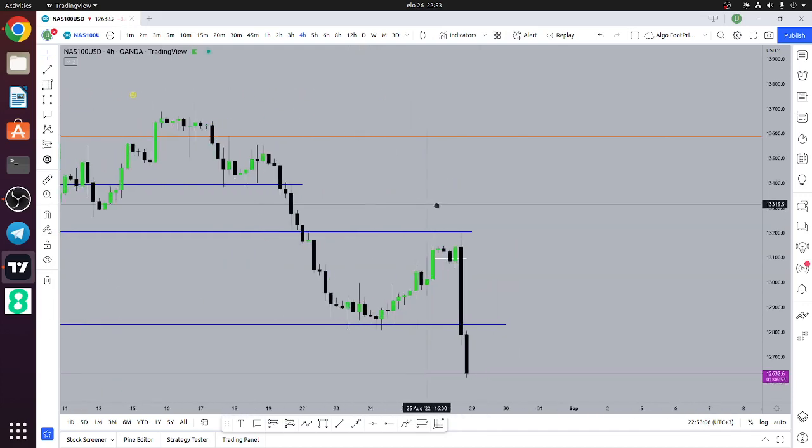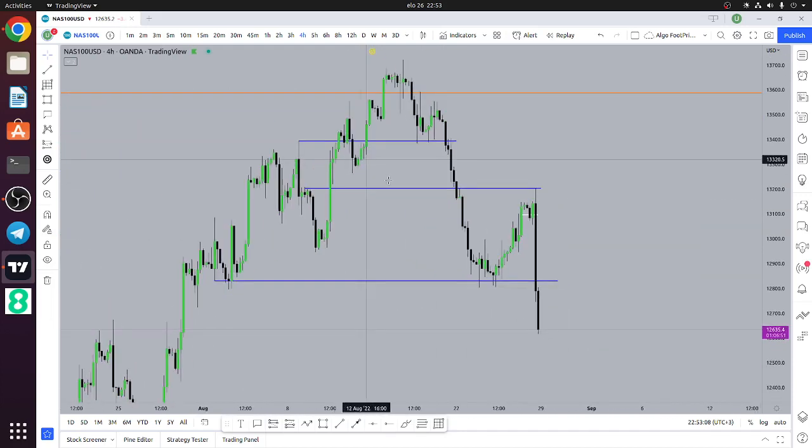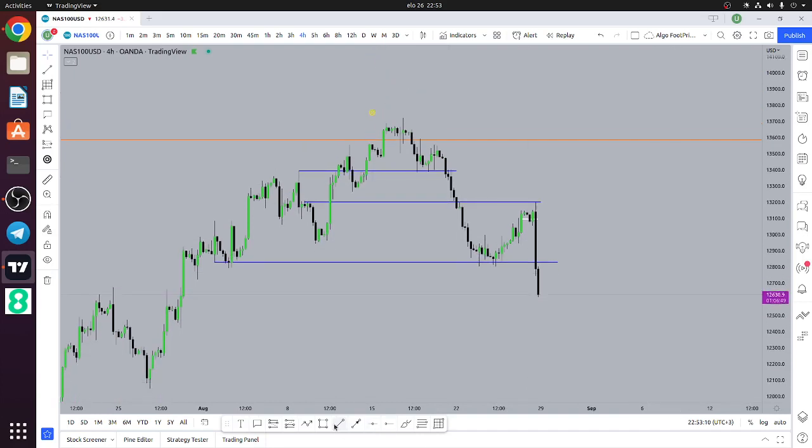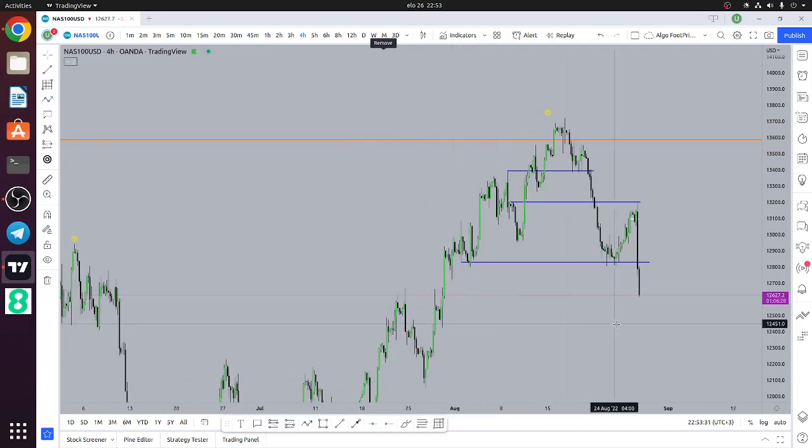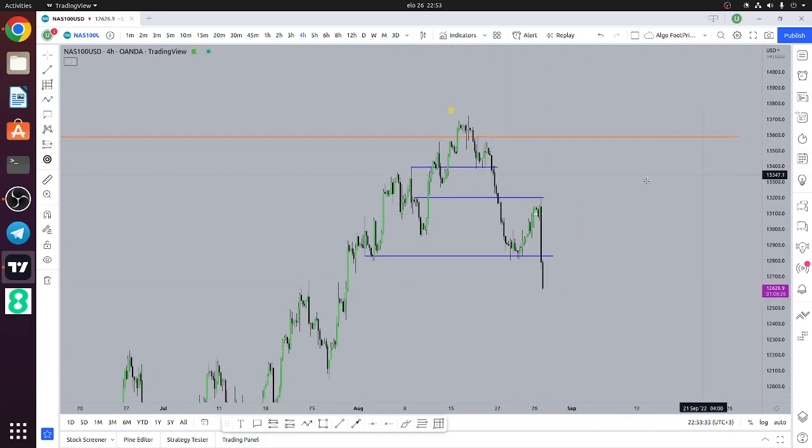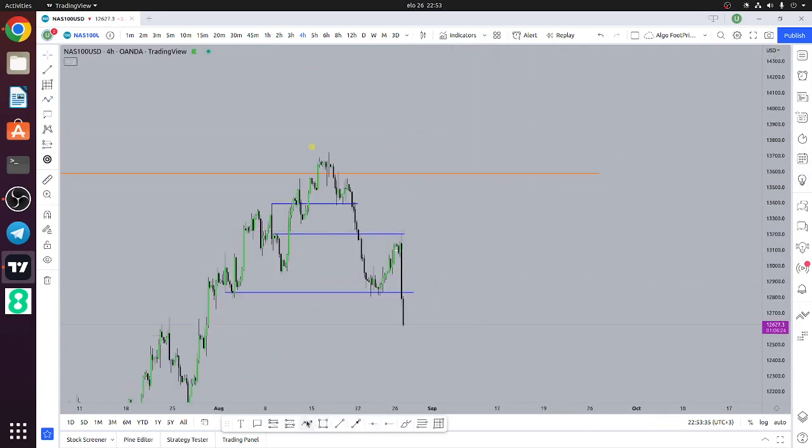So we see price making these highs and lows that will make a tiny swing low. We take out that buy side, we breach below, and on the 4-hour time frame we make a smart money reversal.